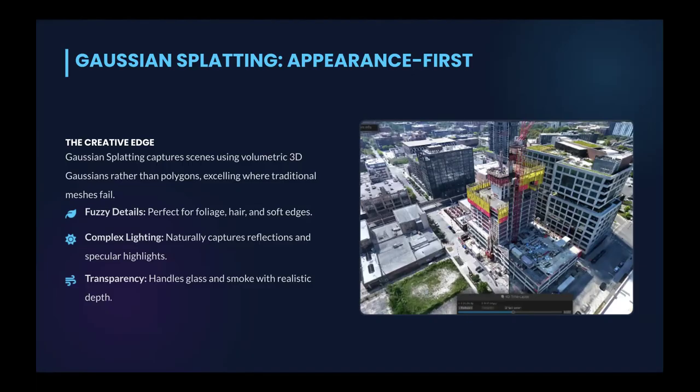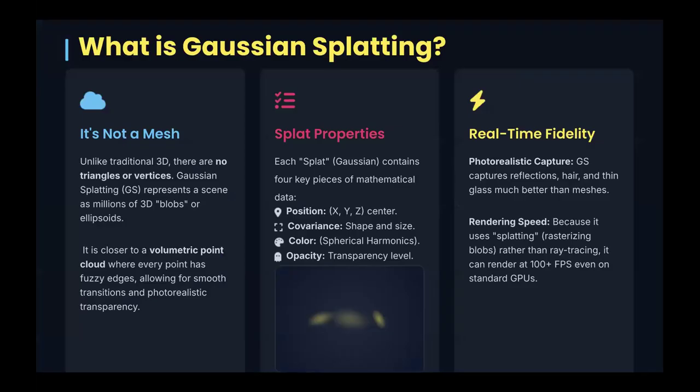So Gaussian splatting is a new way of rendering. It's not using polygons at all. It's using splats. So let's go to the next slide so you can see what I'm talking about. It's a splat, not a polygon.